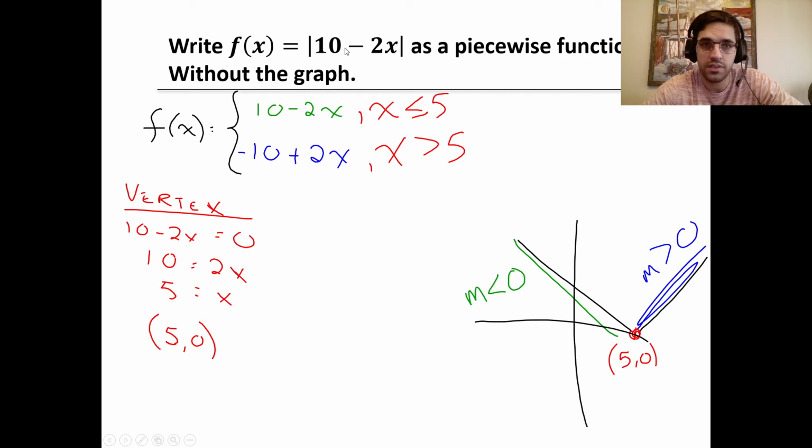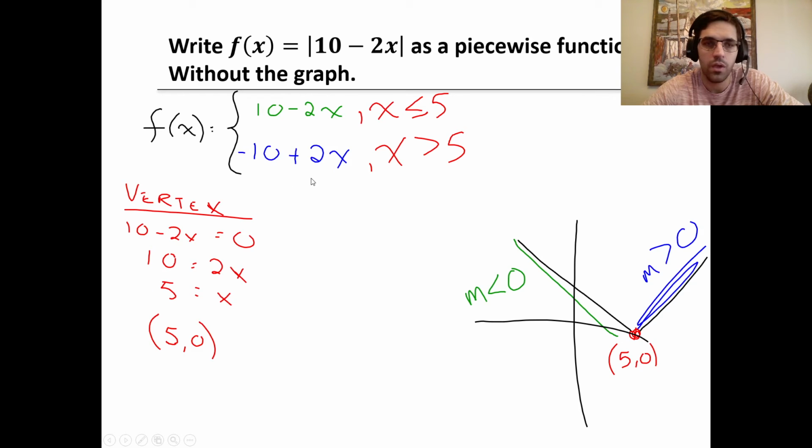Now, if we want to find the right side, we want to find when we have a positive slope. So the positive slope is when we multiply this input expression by -1. So 10 times -1 is -10. Negative 2x times -1 is positive 2x. So this equation is a linear equation with a positive slope of 2 and a y-intercept of -10.